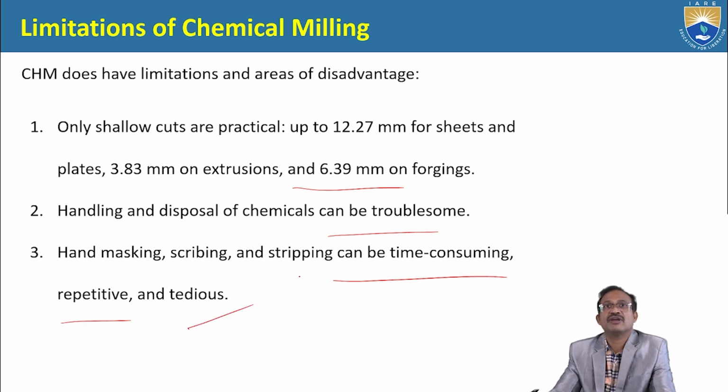When we are doing the same work repeatedly, it will be tedious and sometimes time consuming. Why? Because manual operations like hand masking and scribing sometimes take much time, based on the operator skill and performance.